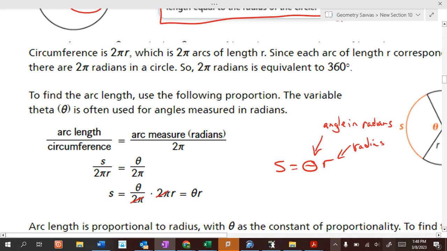Now, most of the time you'll be finding arc length using degrees. But if you're given radians, that's a super simple formula. Just take how many radians it is times the radius, and you find the arc length.